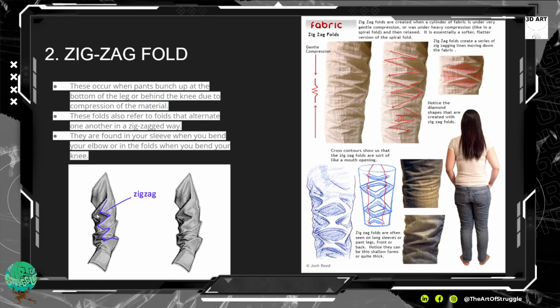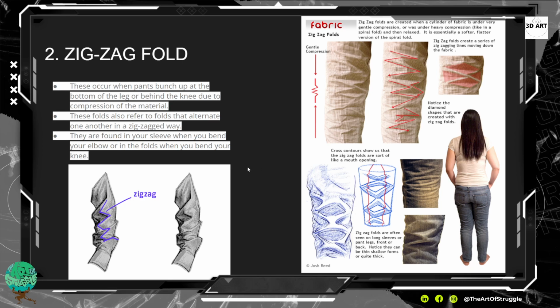You guys can see the zigzaggy pattern that you're going to get on these zigzag folds. You'll get them on pants. You'll get them if you fold your shirt. If you've got a long sleeve on, like I do, and you fold your arm, you can start to get these zigzaggy patterns there.